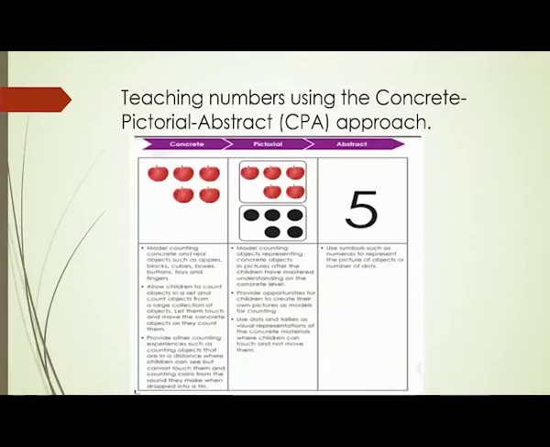Teaching numbers using the concrete, pictorial, abstract approach. CPA. Concrete meaning the real thing, the real object. Pictorial just means pictures, and abstract is now the number, so the learner sees the number and must now know how many a certain number is.